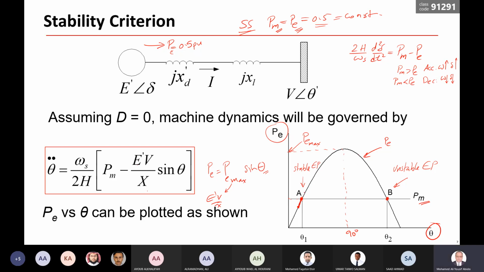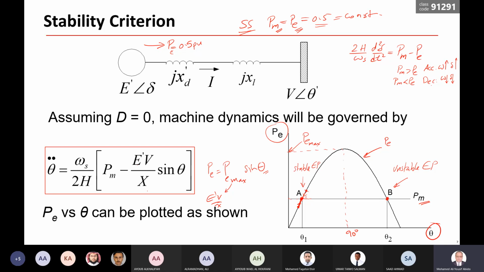And vice versa. Also, if P electrical becomes higher than this point, what will happen? P electrical at this point becomes higher than P mechanical. So the machine will decelerate and the angle will decrease until it goes back to this point.